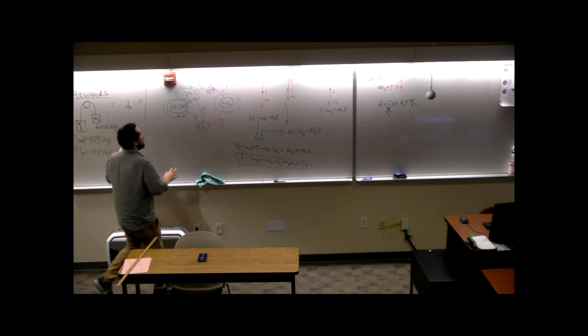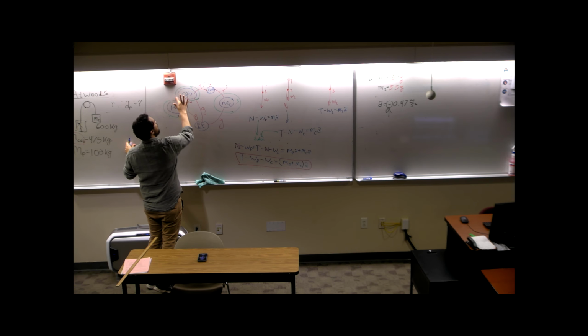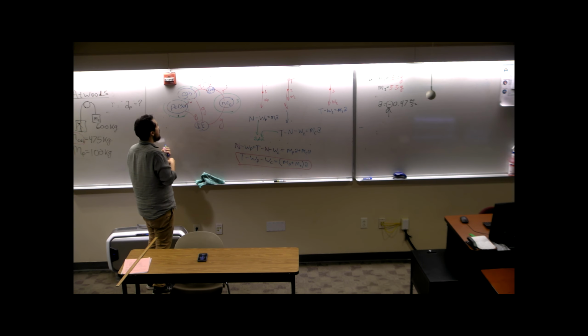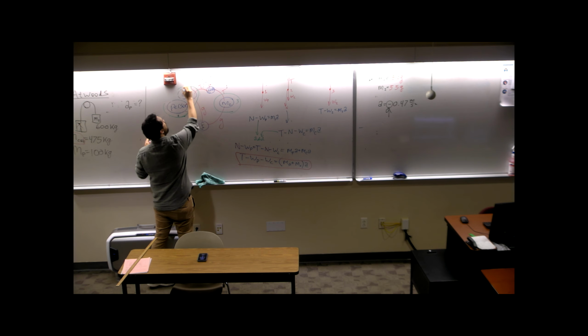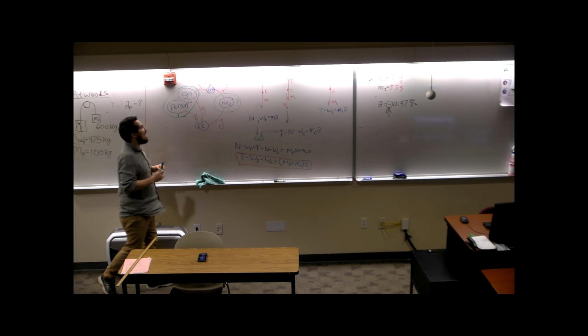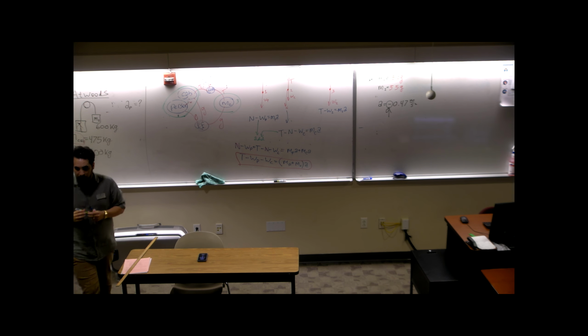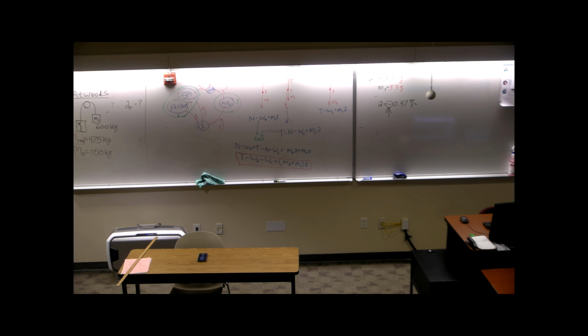I could have said my system is defined by the combination of cab and person. You're always free to combine objects so long as they have the same motional quantities.